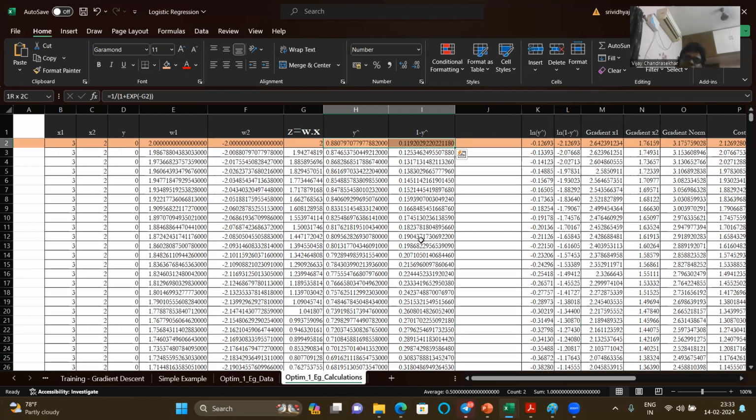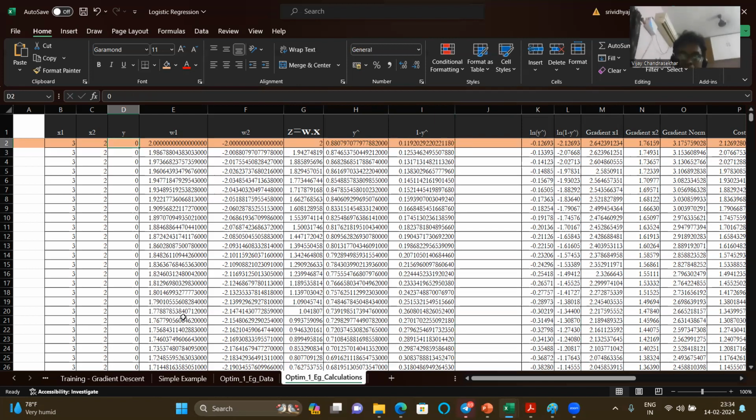Close to 0, right? So as you get closer to your target classification, you'll find that y hat into 1 minus y hat is close to 0. Which means the curvature isn't the same.